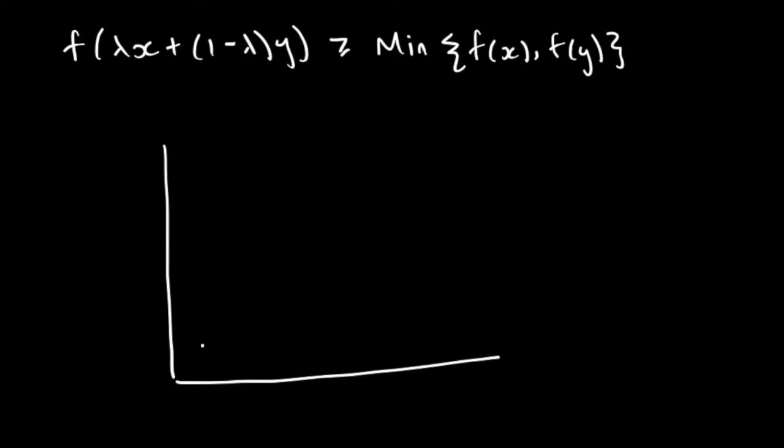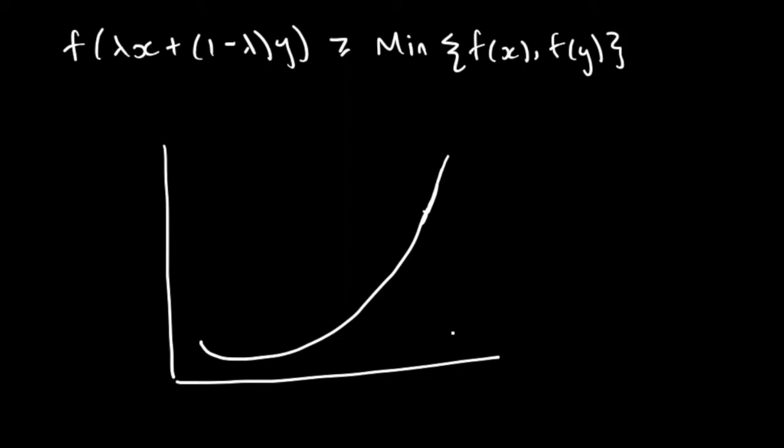So let's draw something that we know is not going to be quasi-concave, because this right here, as we know, is a convex function, so it's not quasi-concave. Our definition now is going to step in and eliminate this. And once you understand how it does that, then you understand the basic principles and the reasoning behind this definition of quasi-concavity.